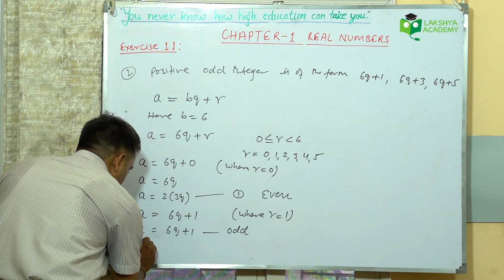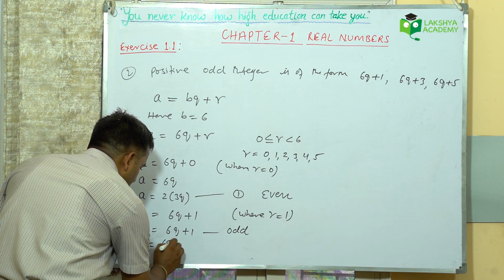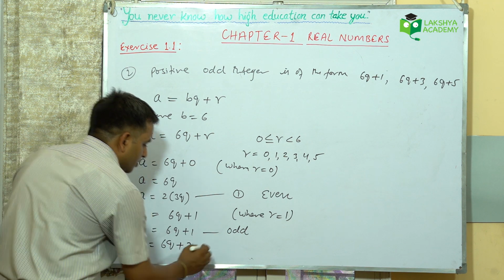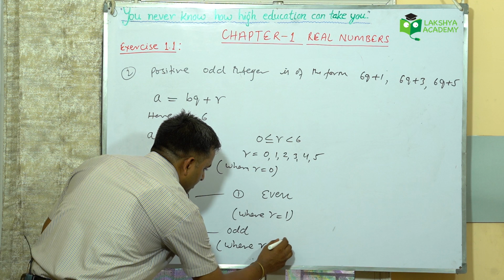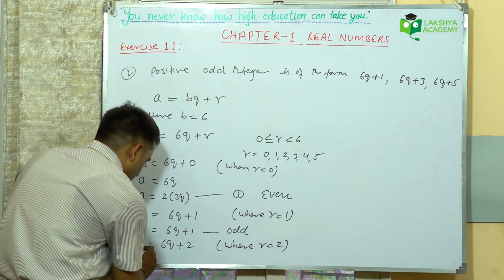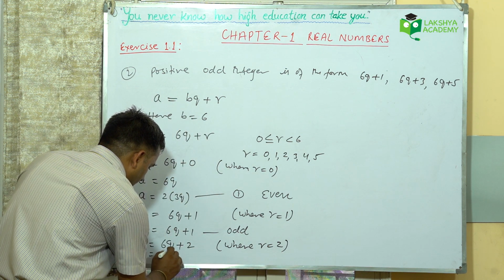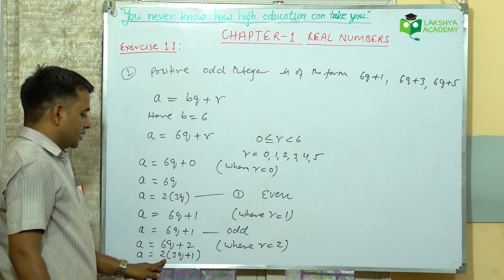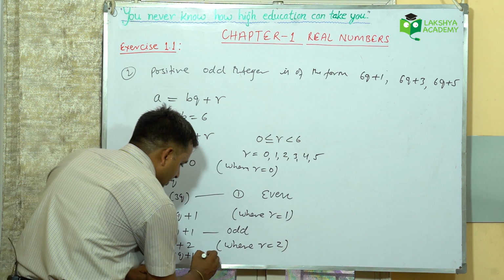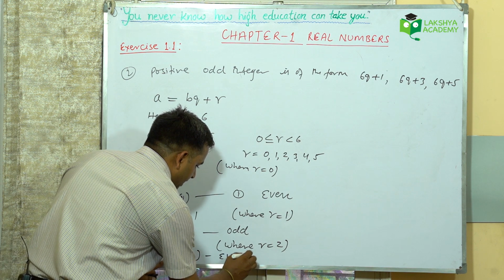Again taking the same, a equals 6q plus 2 where r is equal to 2. A equals 2 times 3q plus 1. Here this is again an even number, so we are writing this as an even integer.